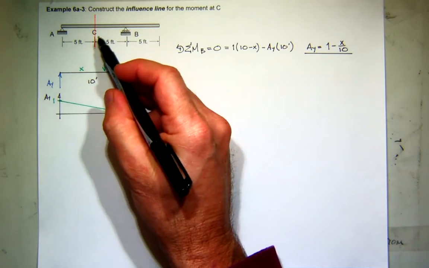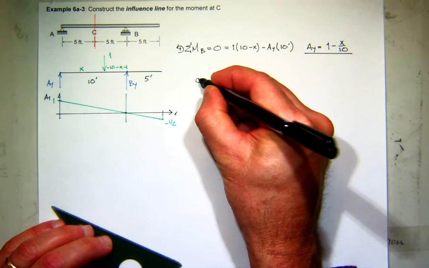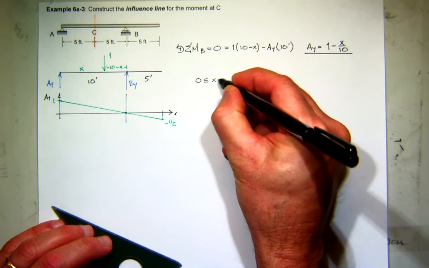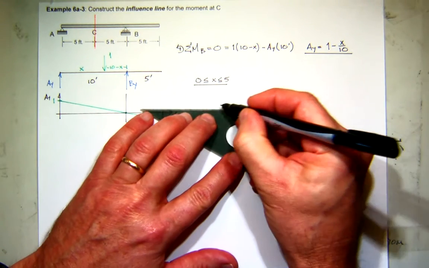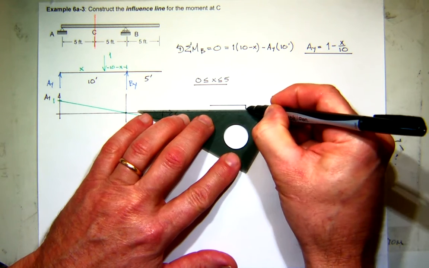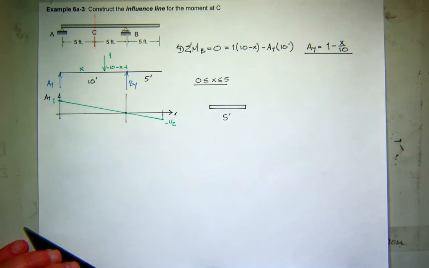So now I'm going to cut my structure. The first case I'll look at is when the unit load is between 0 and 5. That means it's going to be on this free body. So if I draw that, there's my free body diagram with a distance of 5.